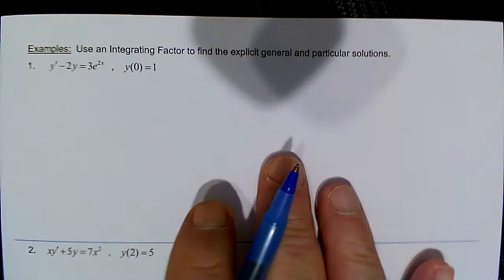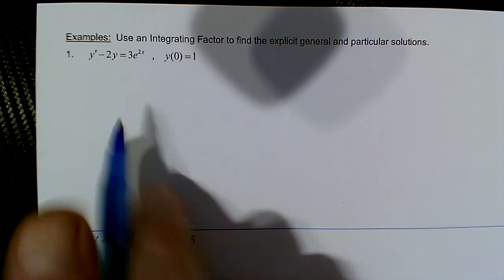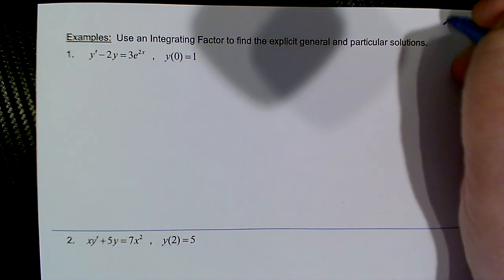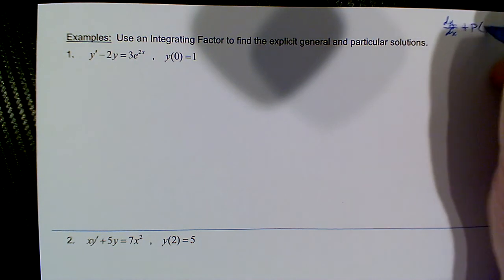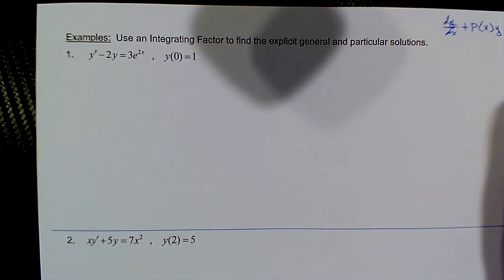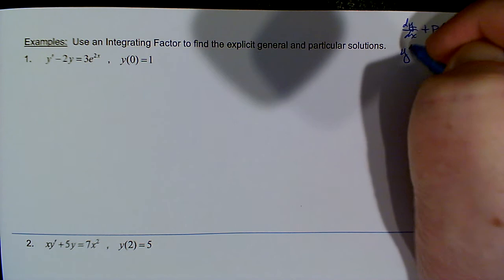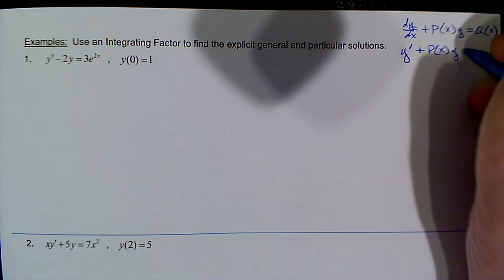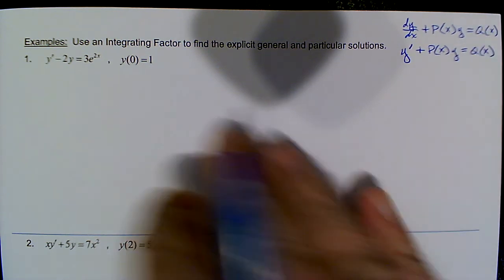Now, the textbook uses prime notation with these examples, so that's why I used it here. So the dy dx plus p of x times y equaling q of x, which is our standard form, is the same as saying y prime plus p of x times y is q of x.